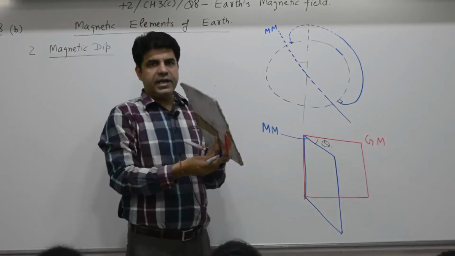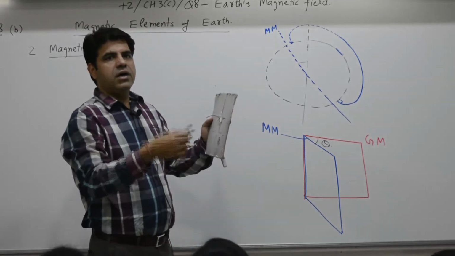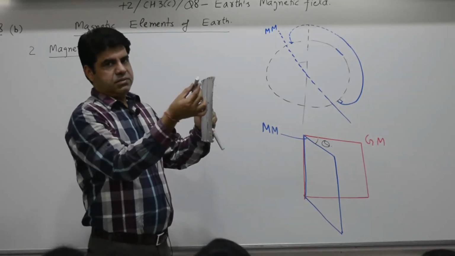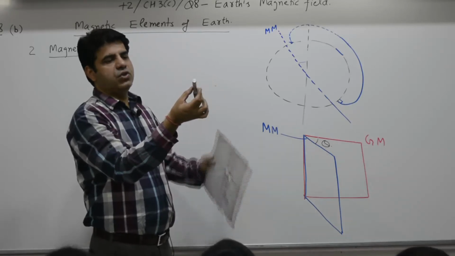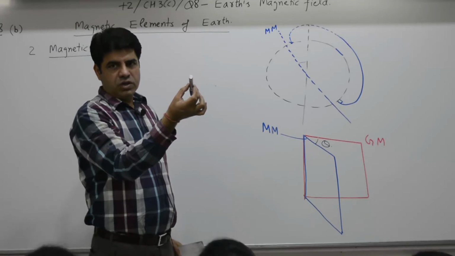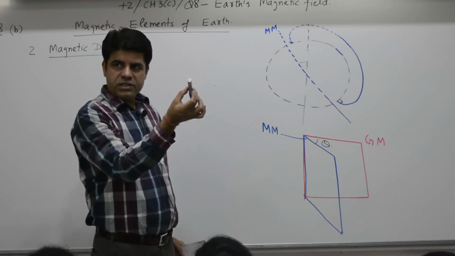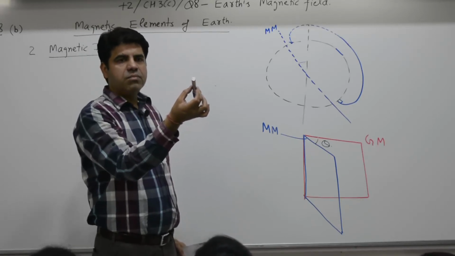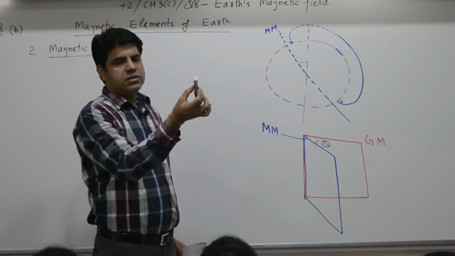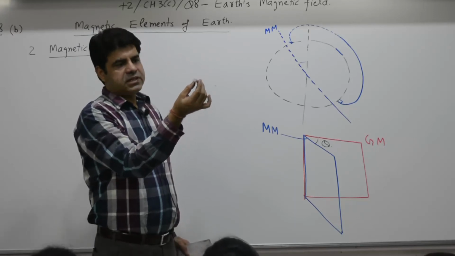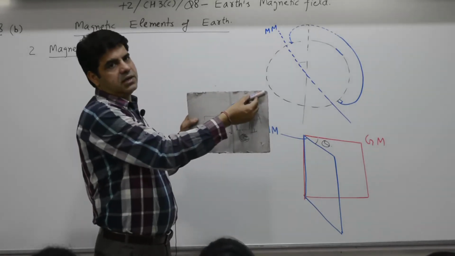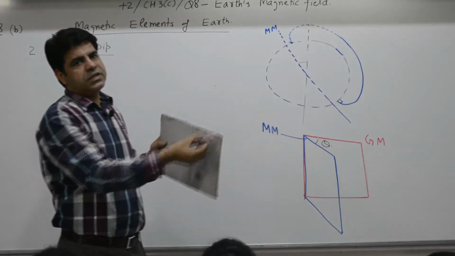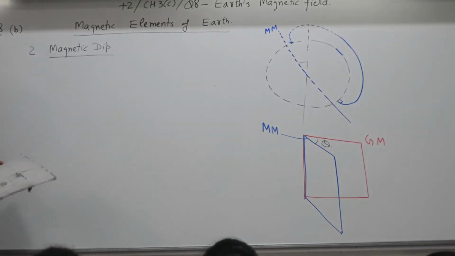Say at this place in Bhatinda or in Delhi, this makes some angle with the horizontal. It may be horizontal at some place, but it makes some angle with the horizontal. Say 30 degree. If it makes 30 degree with the horizontal, then dip at this place is 30 degree.